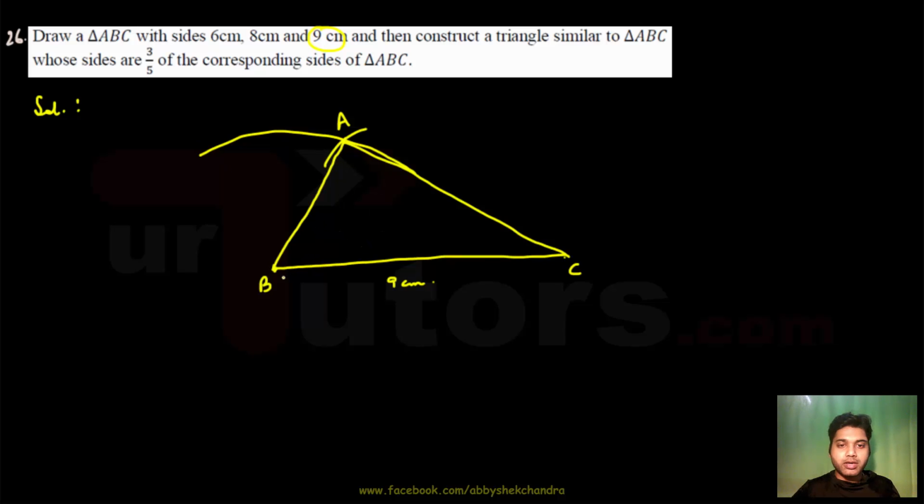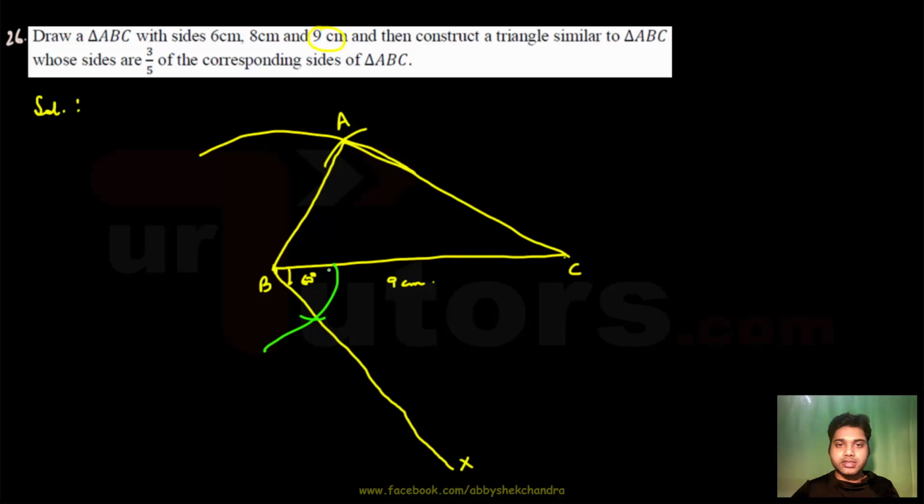Now for the second part, you construct an acute angle, let's say 60 degrees at point B downwards. So let's say this is what you drew, right? So CBX should be 60 degrees. It's easy. You can make an arc like this and cut from here.